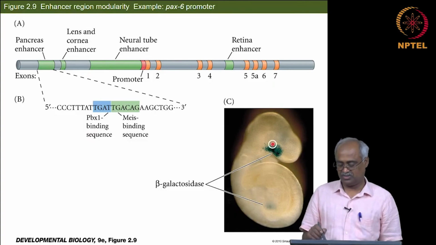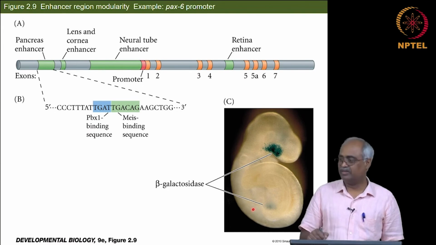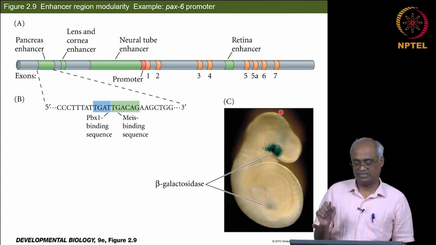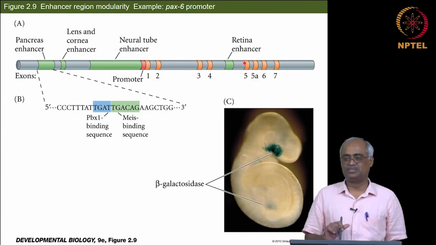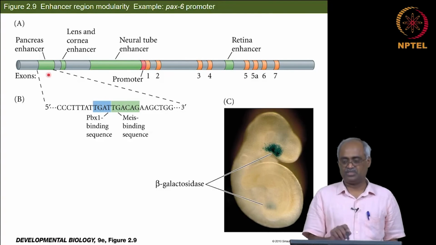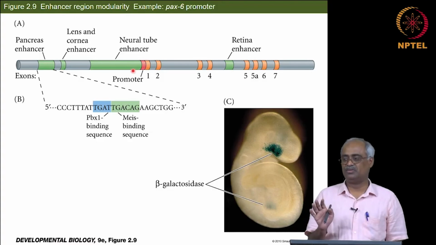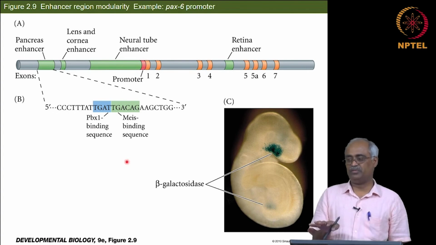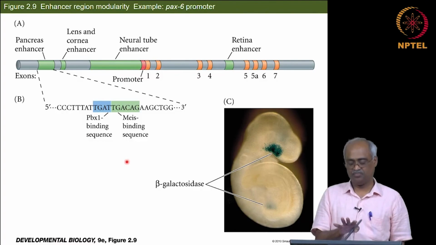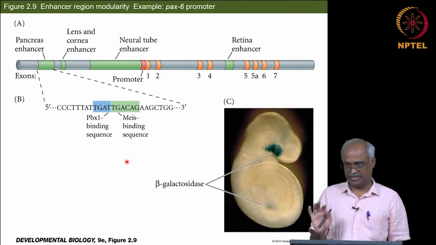You do not see it in the neural tube, where you should have seen it in this part. So, this again demonstrates the modularity of the enhancers. In this particular gene it comes in 4 modules. When all 4 modules are there, it will be expressed in 4 different tissues; spatial regulation is conferred. Okay. So, this is modularity.